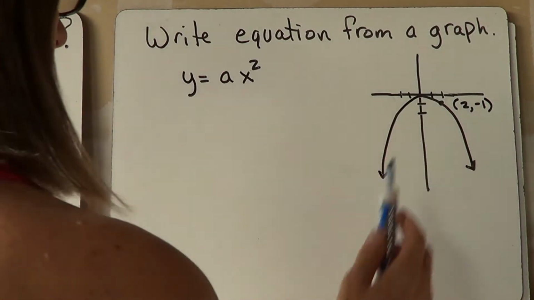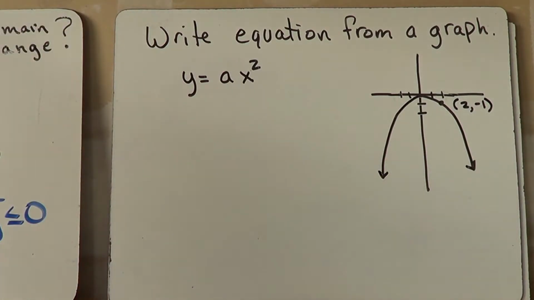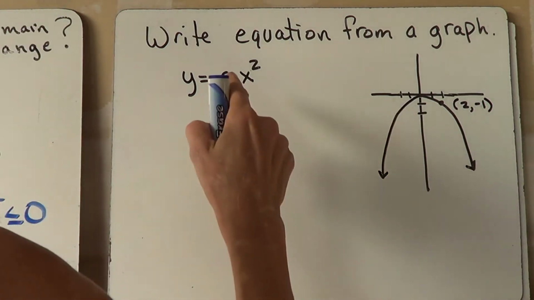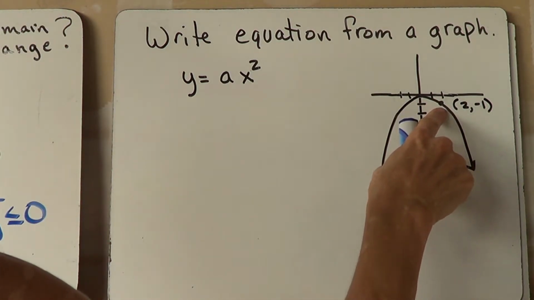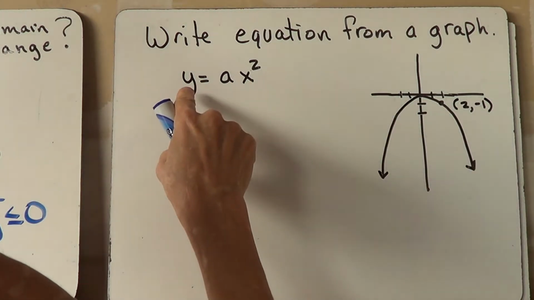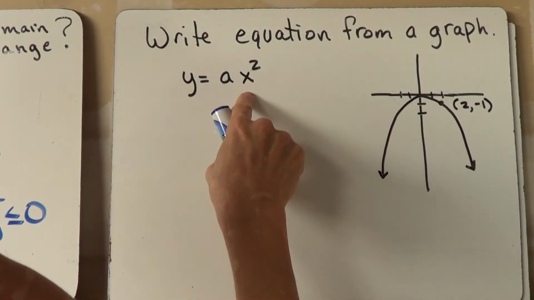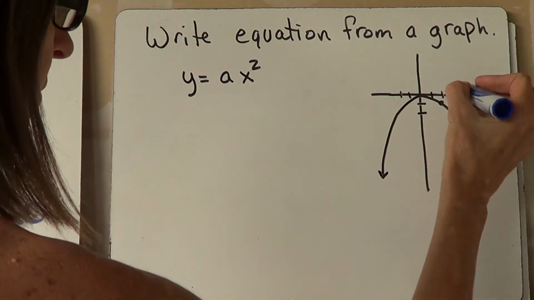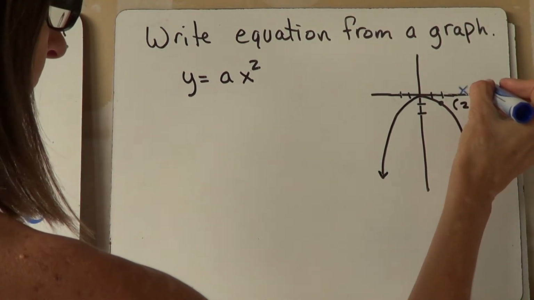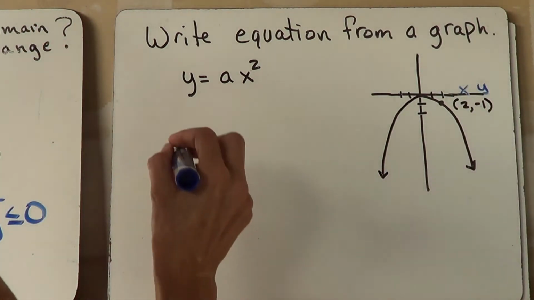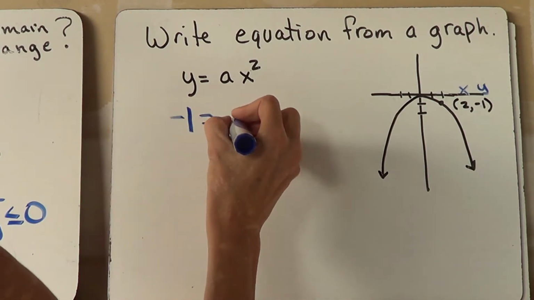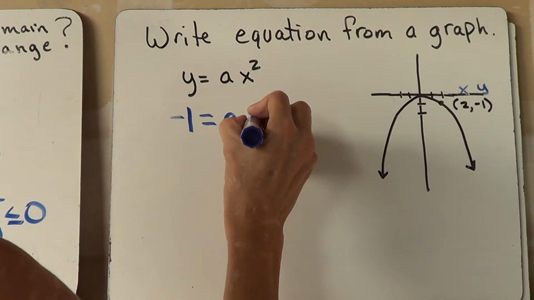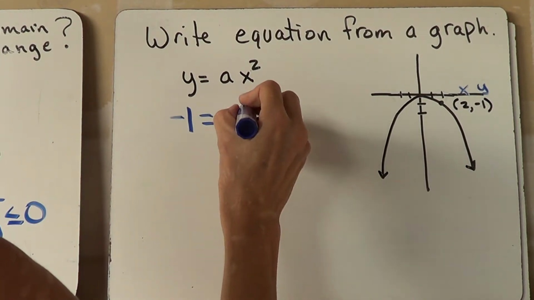Write an equation for the graph. Well, first thing we know is that we've got a point here that we can plug in, and if we can plug in a y and an x value, then we can find our a. So here's our x, here's our y. Okay, so we plug in -1 equals a times 2 squared.